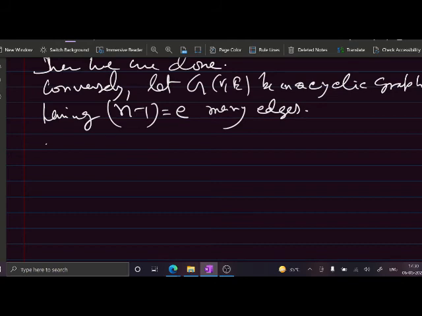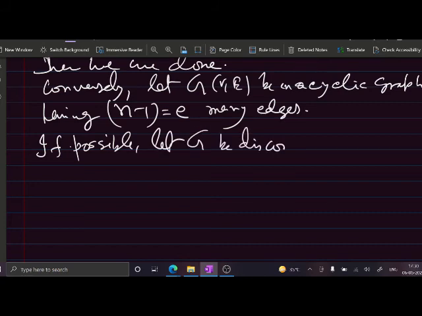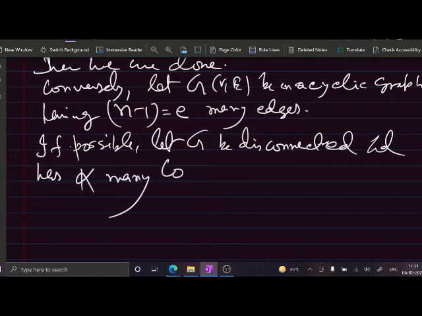So if possible, let G be disconnected and have k many components.